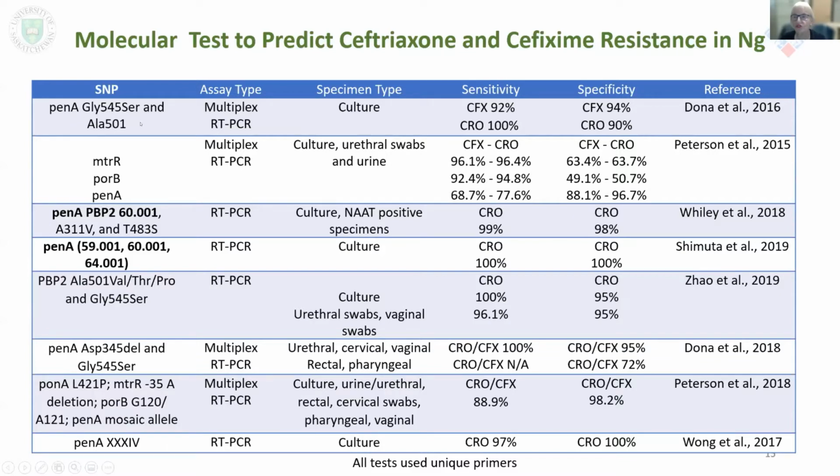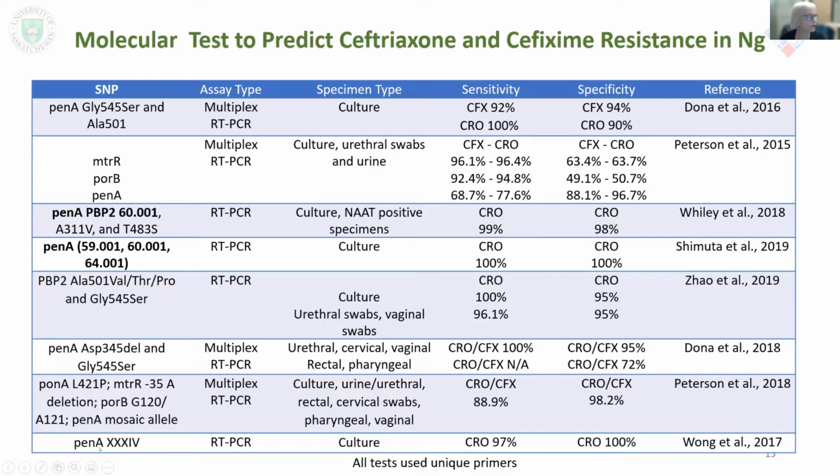There are multiple genes involved in ascertaining resistance, multiple mutations in those genes, and the genes act in concert, actually, to define levels of resistance. So people have taken various SNPs, combinations of genes, combinations of SNPs.